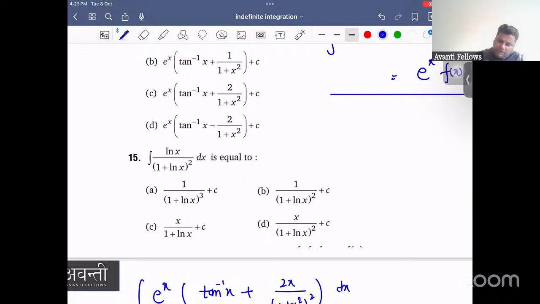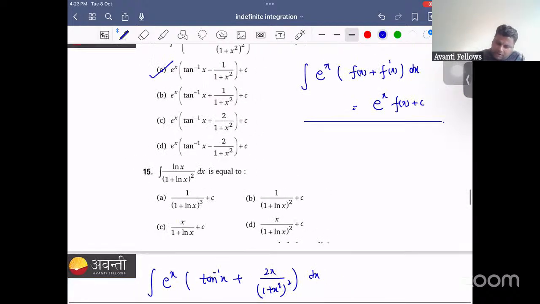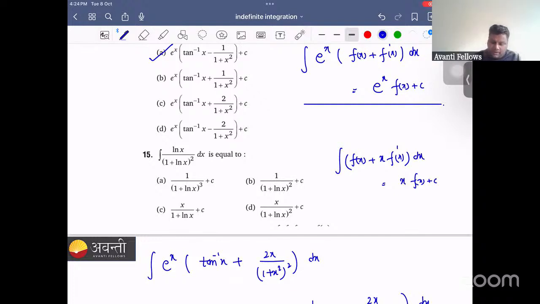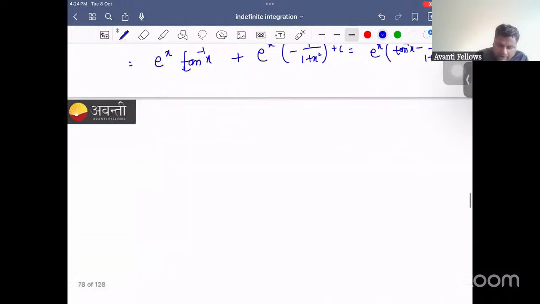Now let's see. If you remember, when I taught you the above form, I also gave you another form, that is integration of (f(x) plus x f'(x)) dx. And the answer to this form was x f(x). I hope you all remember this. This is also in NCERT. Now the question we have is integration of ln x upon (1 plus ln x) whole square dx. Am I correct?